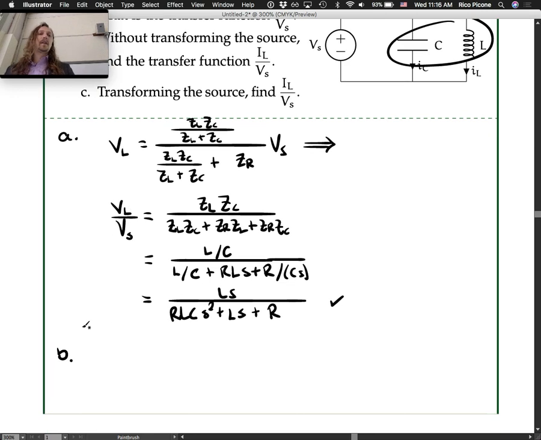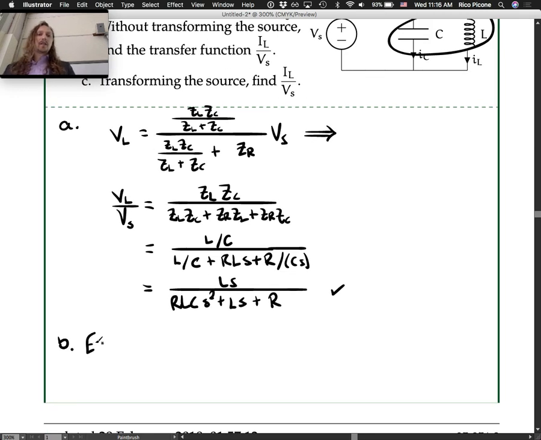We know from the elemental equation for L that VL in the Laplace domain is just equal to IL times ZL, right?